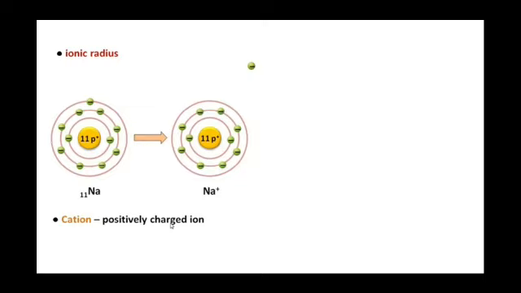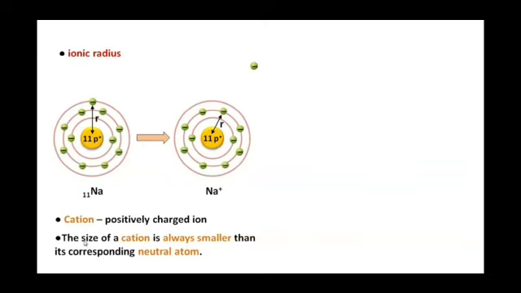Atomic radius of neutral sodium, that is, distance between the nucleus of sodium atom and its outermost electron, will be different from that of the sodium ion. The reason is, in the sodium ion, we will be removing one valence electron, that is, electron present in the outermost shell.